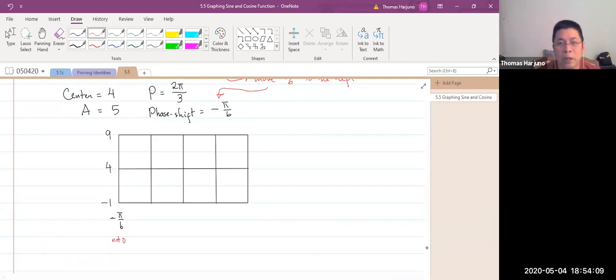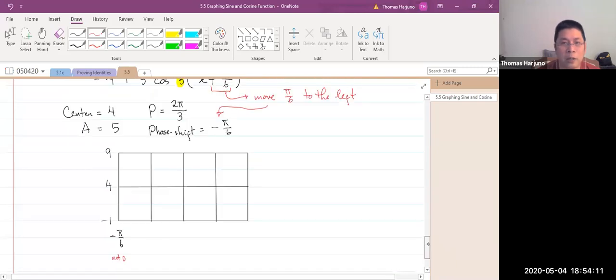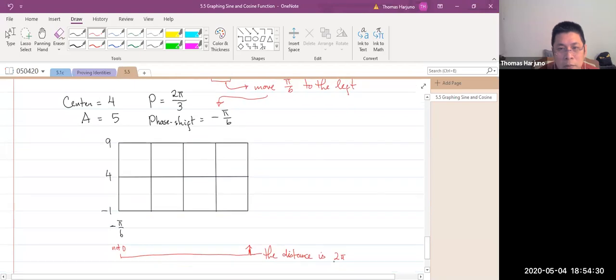And because the period is 2 pi over 3, it means from here to here, the distance is 2 pi over 3. So what will the value be here?